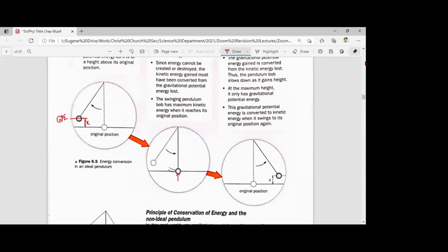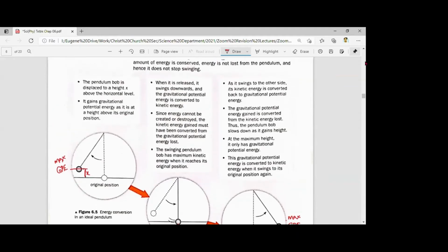At its lowest point, we can say that it has the maximum KE. As it swings down, GPE converts to KE. Once it reaches the lowest point, it will swing back up. When it swings back up, the KE is lost, and it goes back to the same height as before. This is also where it has maximum GPE again.